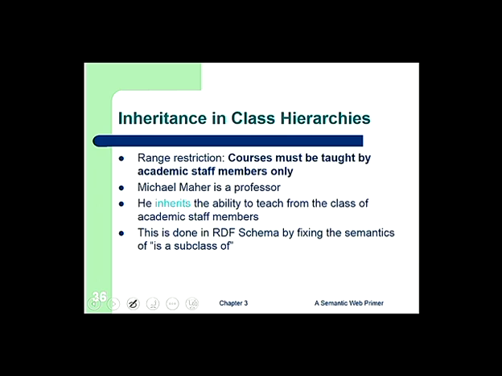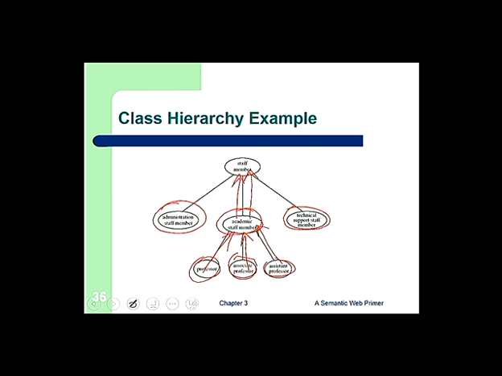So the range restriction: courses must be taught by academic staff members. Let's say we have put this constraint on the taught by property, and if Michael Maher is defined as a professor, he inherits this teaching ability from academic staff members. So if we have put a restriction that courses must be taught by academic staff members only, and someone belongs to this class, then he will inherit the property from this parent class.